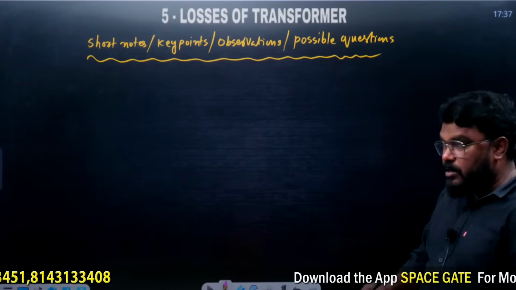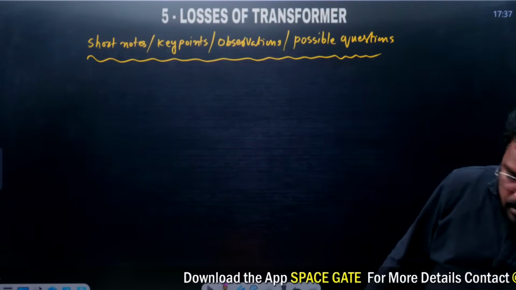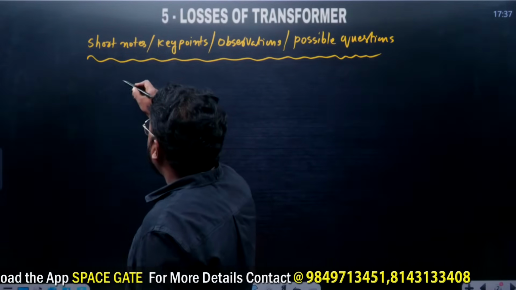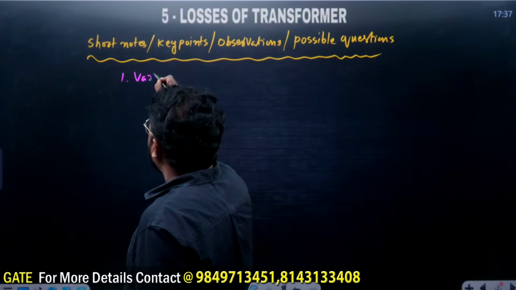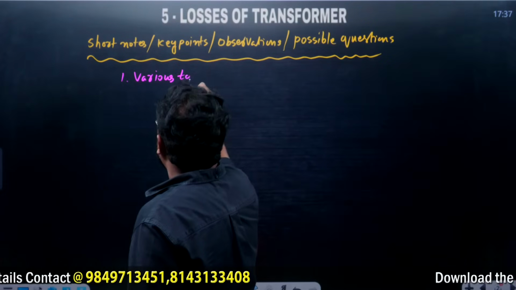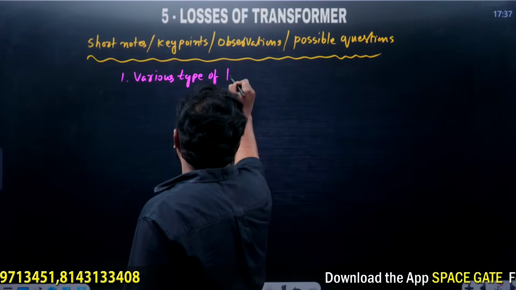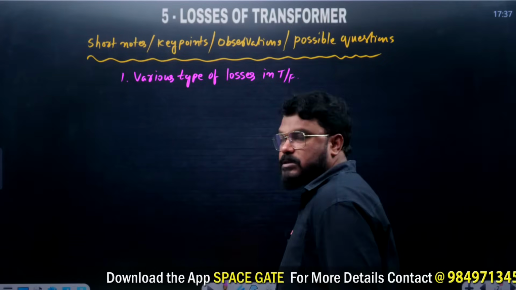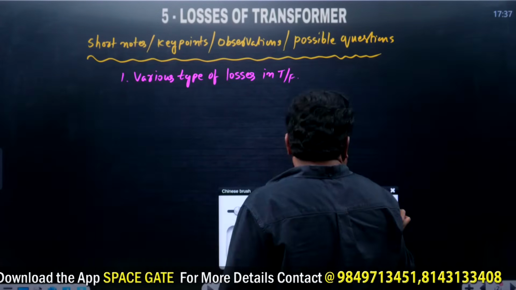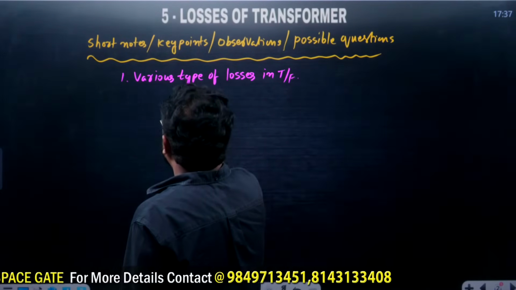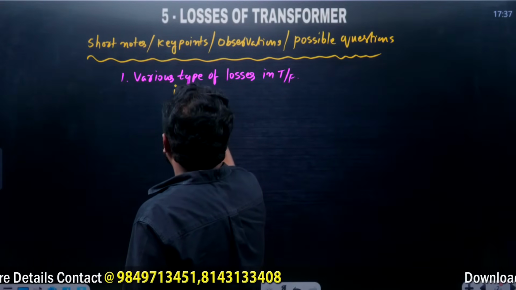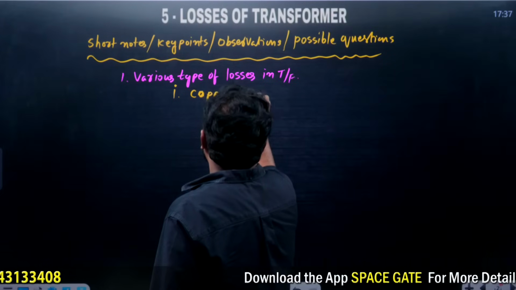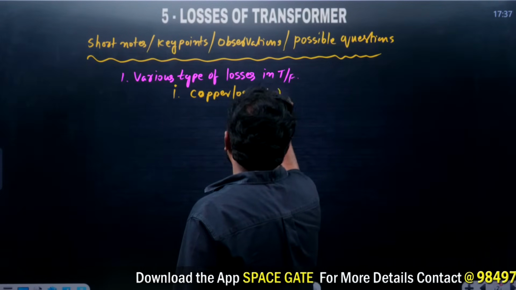There are 4 types of losses in a transformer. The first one is copper losses of the transformer. Copper loss is denoted by WCU.